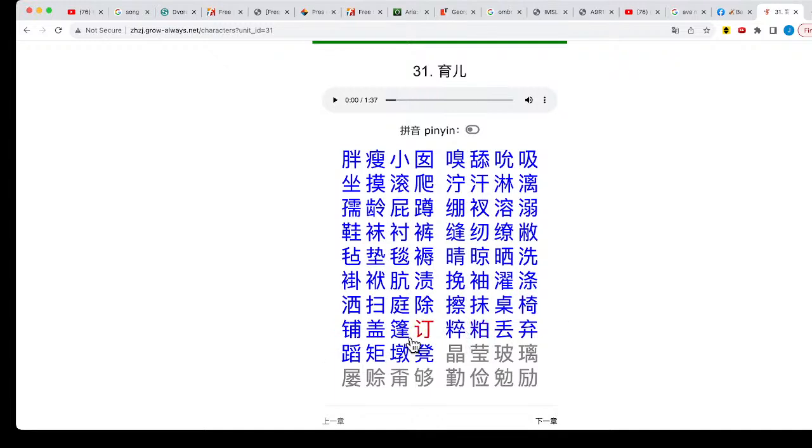Now 铺盖棚定, 淬破丢弃. 铺 means the mattresses or things that you sit or lie down on. 盖 means the covering of your house. 棚 means the shelter, which usually means not only the top but also the sides.